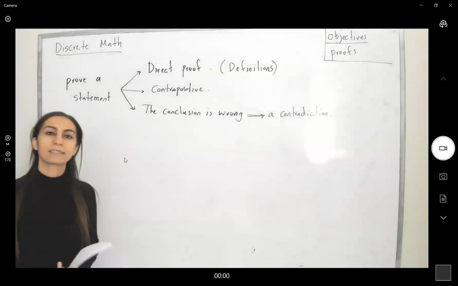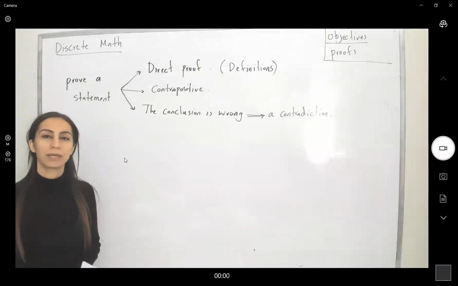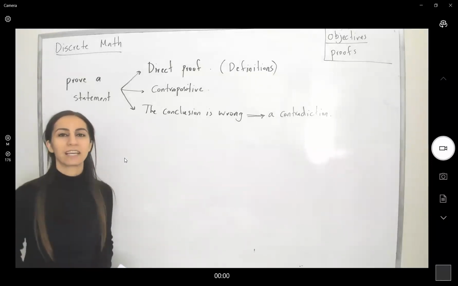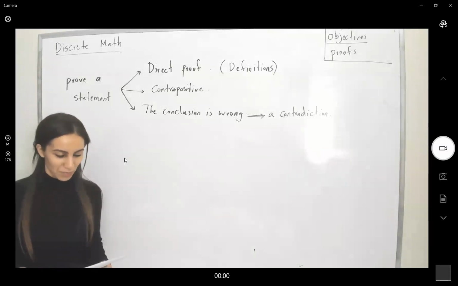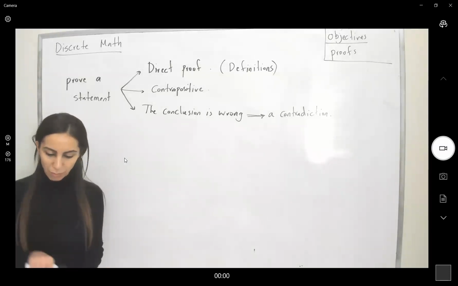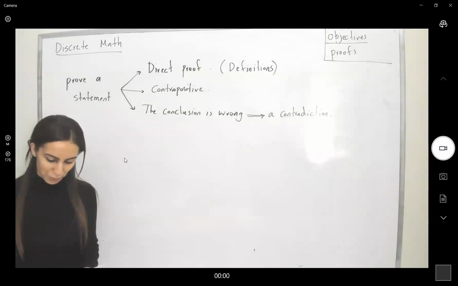When it comes to existential statements, if you can find one example, you're done with the proving of that statement. For example, let's go over some of the important ones.